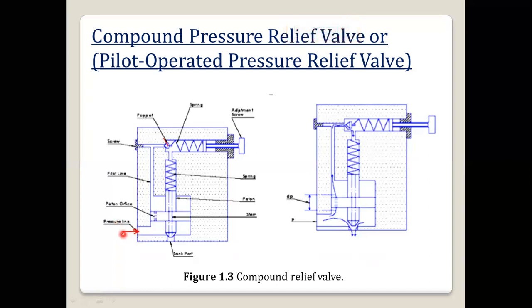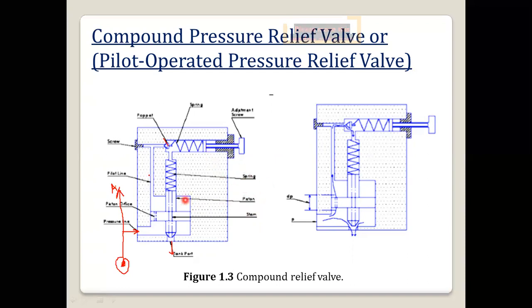From here the oil will come from the pump, and from here the oil will go to the actuator. Here we have the tank port T. Then you can see the piston here and the spring.